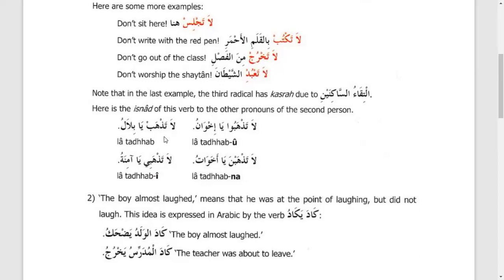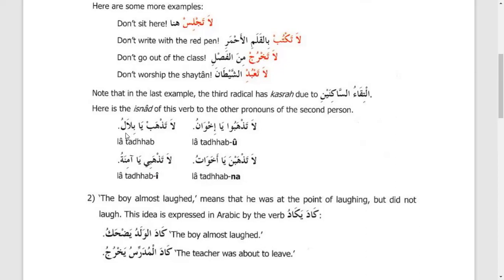Similarly, we have been learning from book 1 that after ya, if there is a singular noun, the noun will always be marfu', whether it is a common noun or a proper noun. For example, we can see here, la tadhhab ya bilalu. So when we say ya, the noun that comes after that will be marfu'. So when we say ya bilalu, it is mansoob, but it is mahallan mansoob.